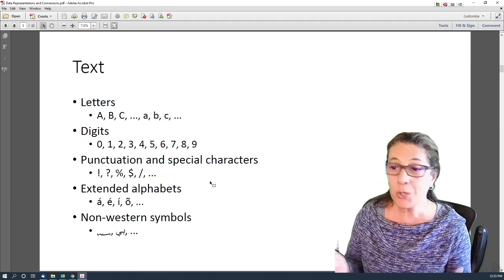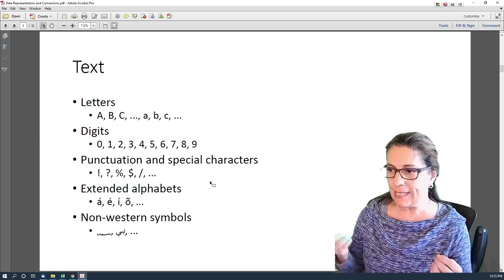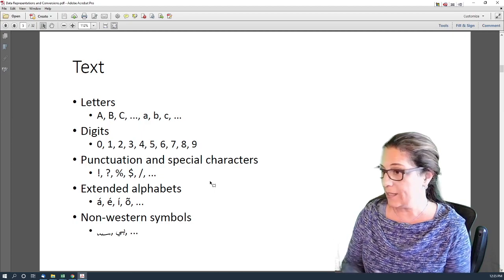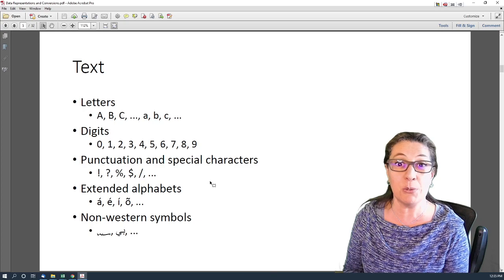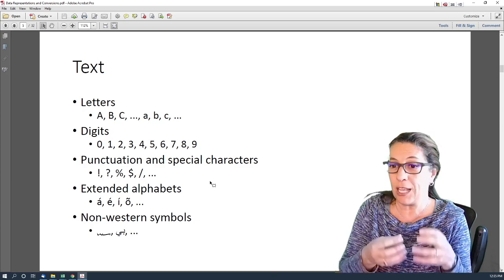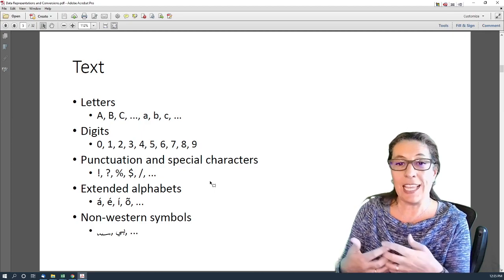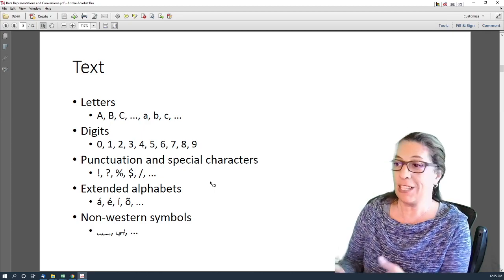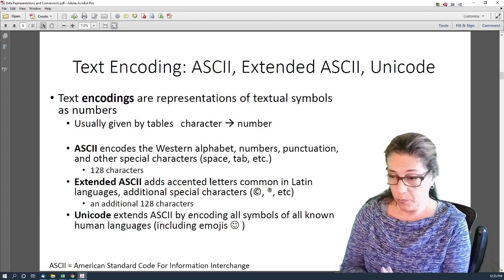There are non-Western alphabets and symbols. So there are lots of written symbols that we as a civilization have evolved to use, and so we need to be able to encode those symbols that we care about and know about in some form of number so that the computers can manipulate them.